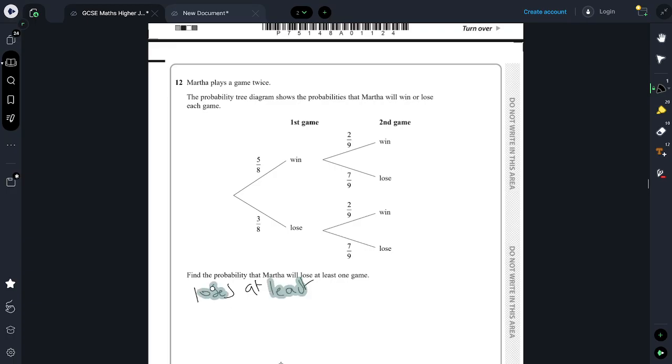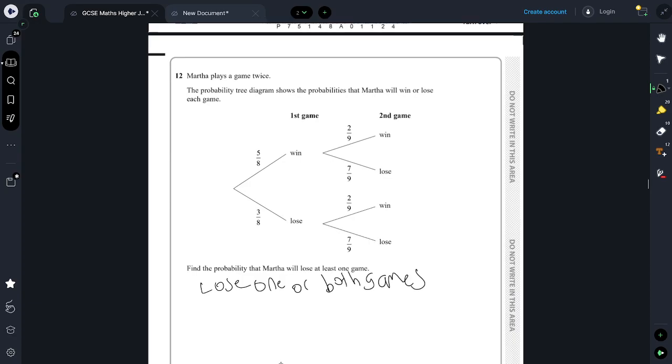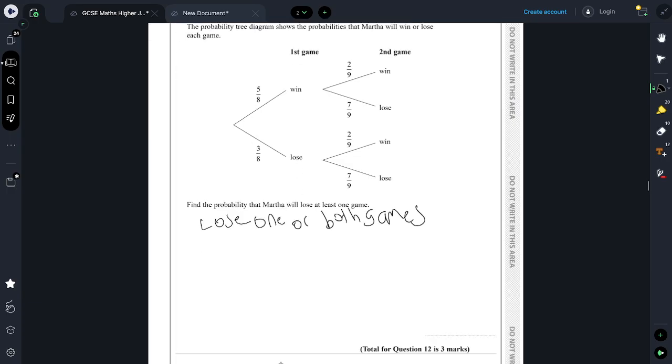So, what does that mean? If she played 2 games, that means she has to lose one or both games. Notice this or here. So, what we want is the probability she loses one game, or the probability she loses both.